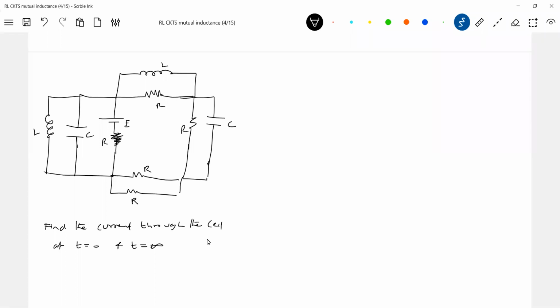So straight away, at t equals 0, wherever an inductor is there, open circuit, and wherever a capacitor is there, short circuit. So here we have inductor, open circuit, capacitor, short circuit.